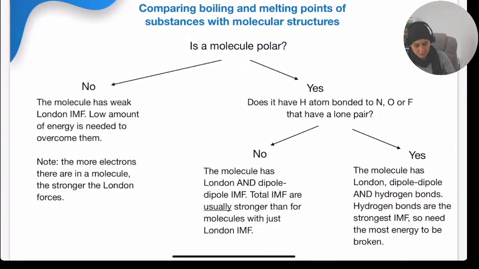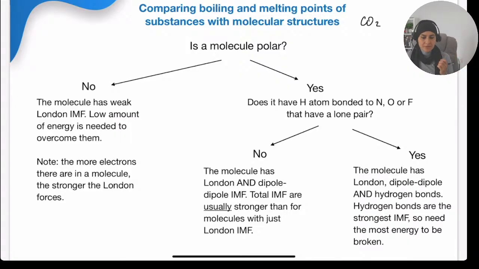Let's say we're explaining the melting point of CO2. It's a simple molecular substance, so this flow chart works. First question, is it polar? No, not polar. How do you know it's not polar? We talked about that before in the first hour. Non-polar means automatically that it has only London forces, and so low energy is needed to overcome them.